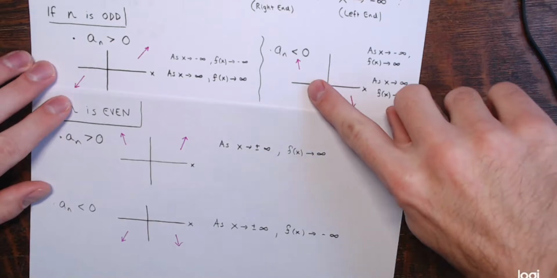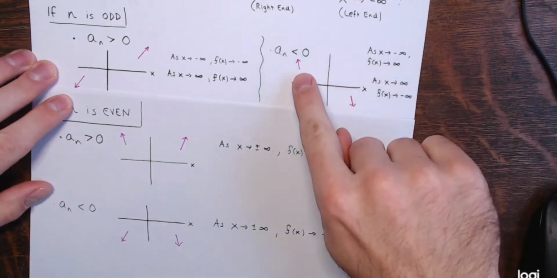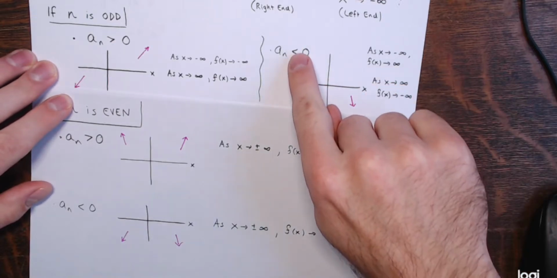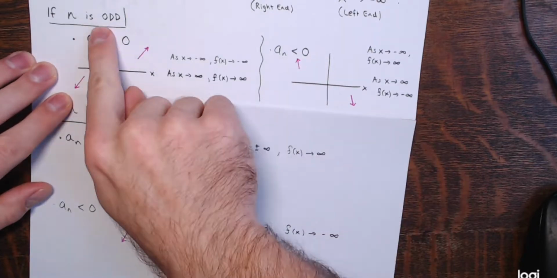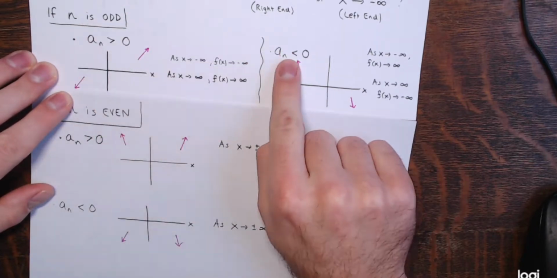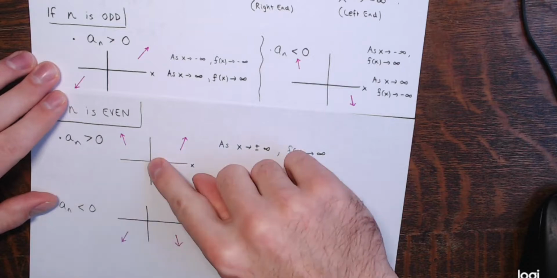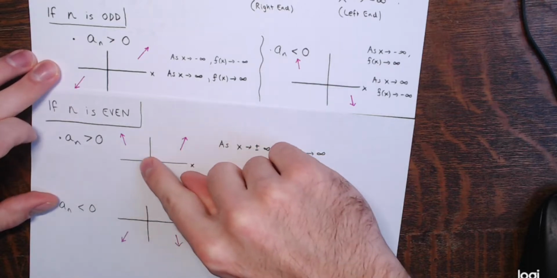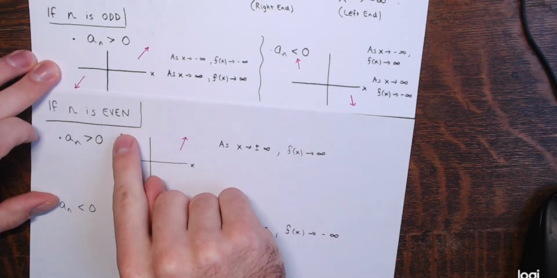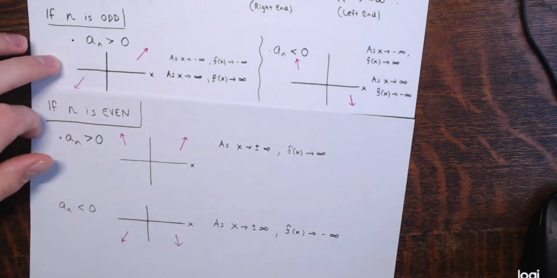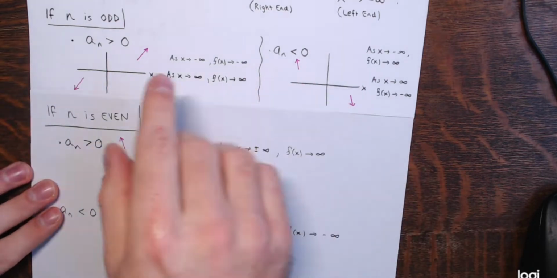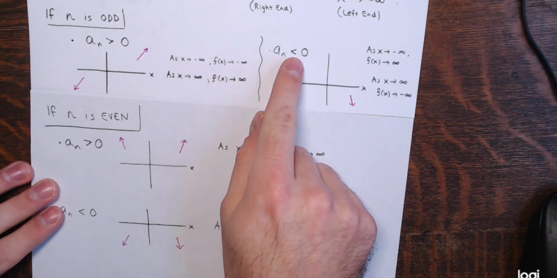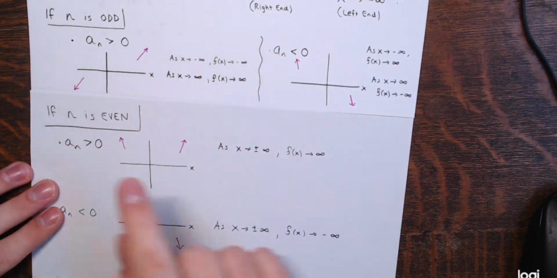As x approaches negative infinity, f of x goes to positive infinity for the odd degree negative lead coefficient, and also for the even degree positive lead coefficient. So I'm looking for polynomials with an odd degree negative lead coefficient or even degree and a positive lead coefficient.